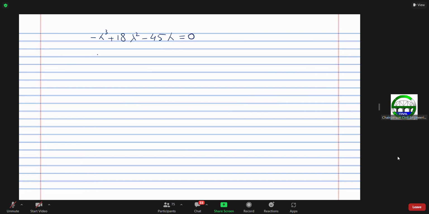So take the lambda common, or rather the minus lambda as common, and then you can write it like minus lambda times lambda squared minus 18 lambda, sorry, this one will be plus 45, is equal to 0. So can anyone give me the values of lambda from here?